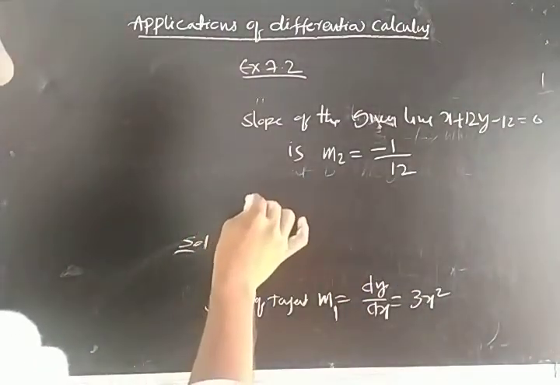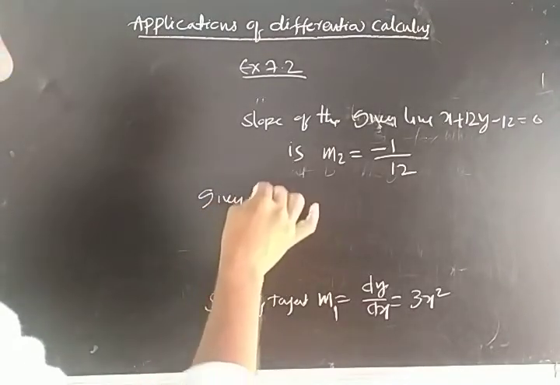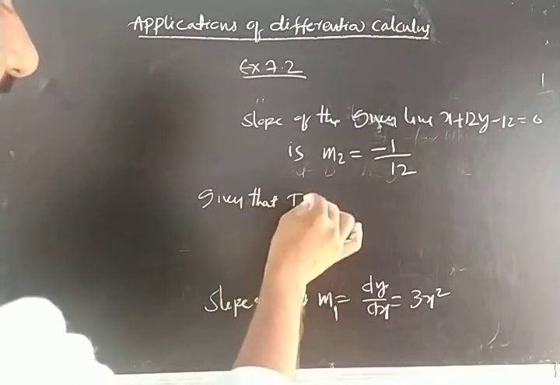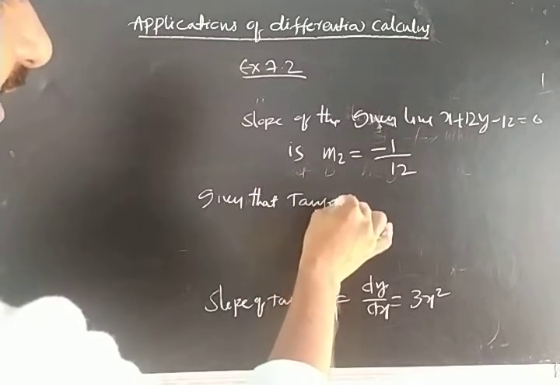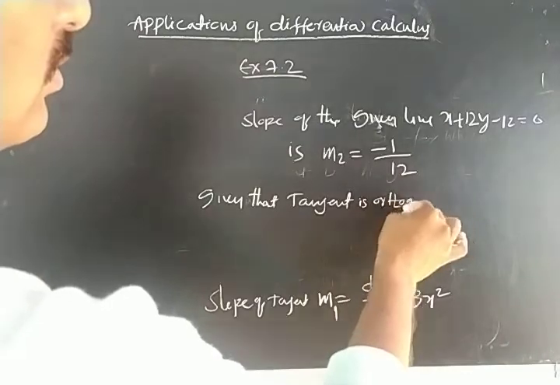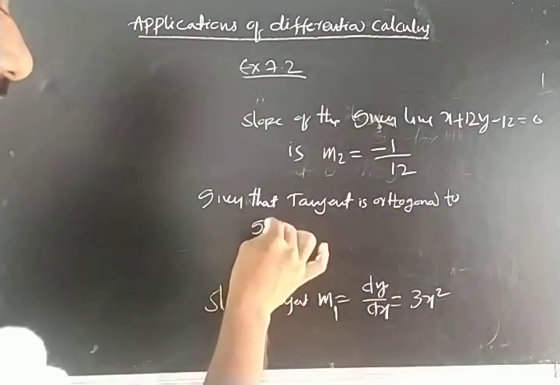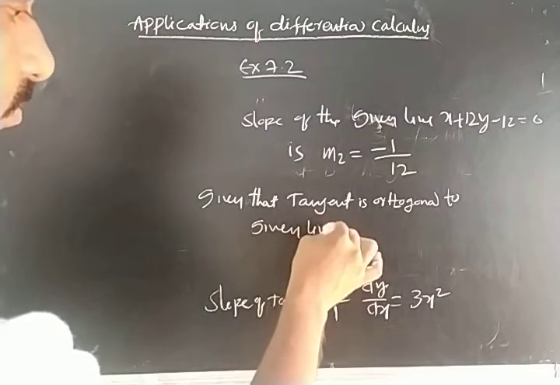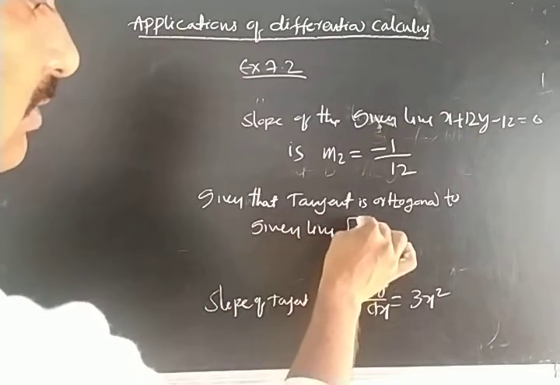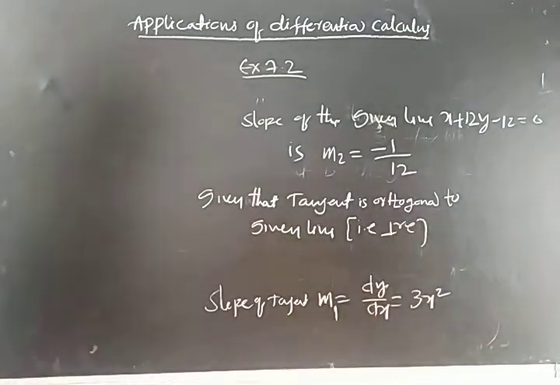And we know that the tangent is orthogonal to the given line. That is nothing but perpendicular to the given line.